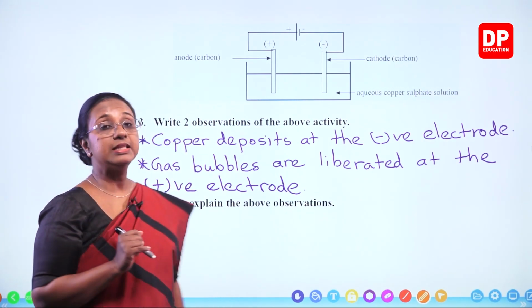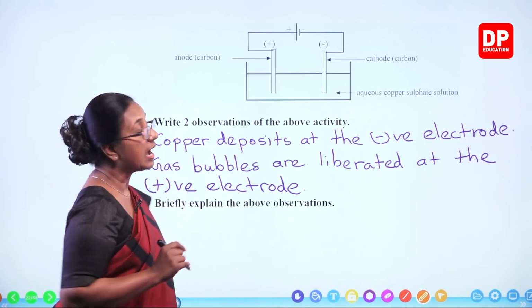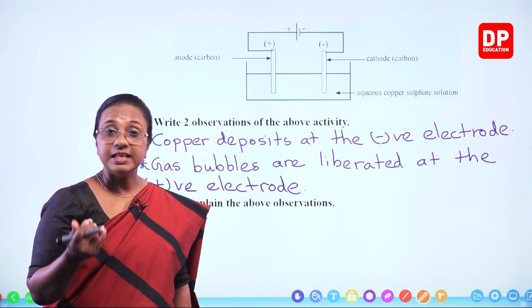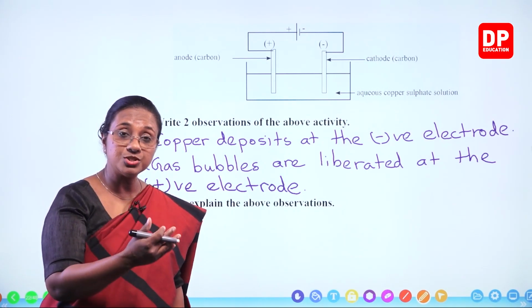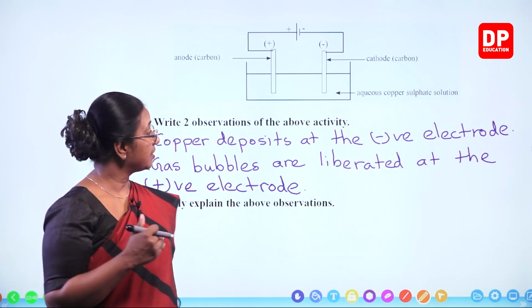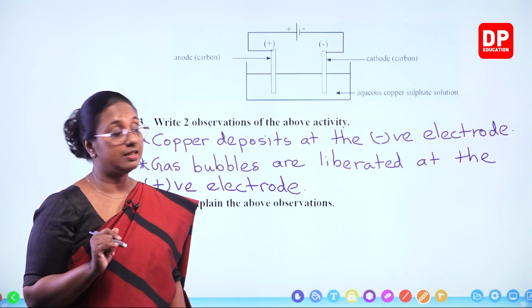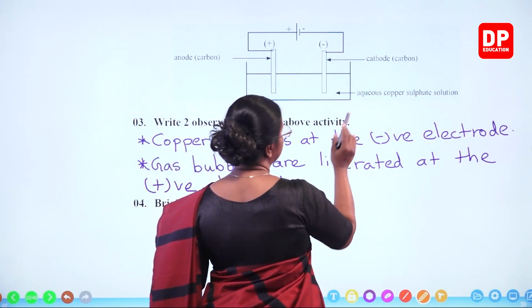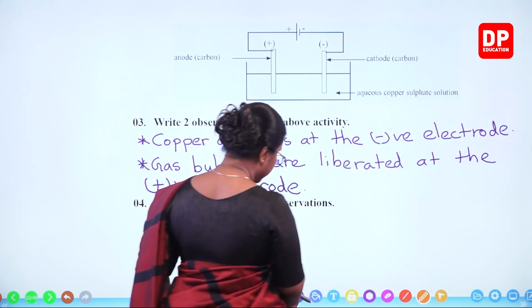What is the other observation? Now when copper ions deposit, they are taken from the solution. Cu2+ ions from the solution deposit as copper. So because of that, blue color of the solution gradually decreases. So that also happens here. I'm not writing that as an answer. I will just mention it here.